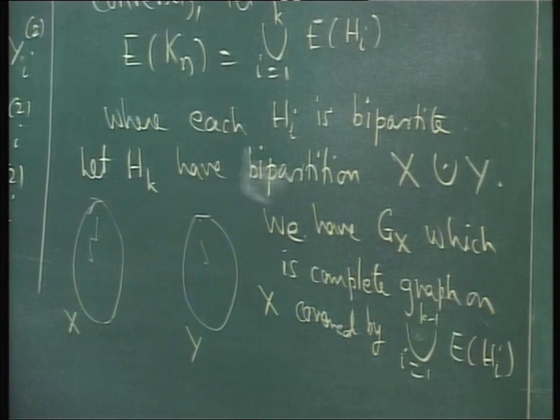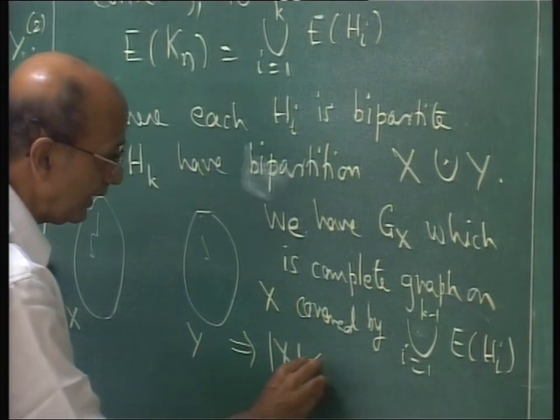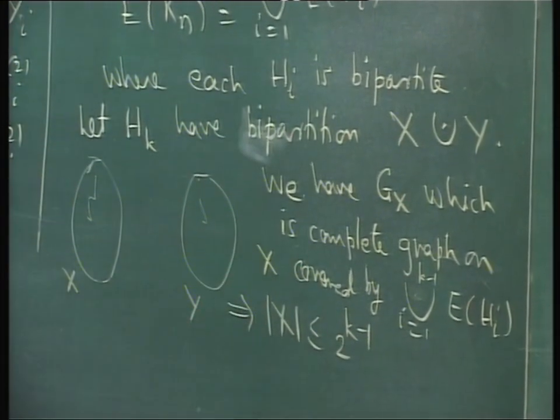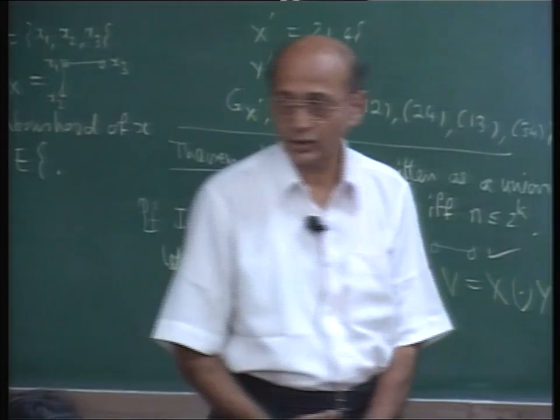Therefore, by what I know is that the theorem is true at the level k minus 1. What that means is the size of x is less than or equal to 2 power k minus 1, by induction.